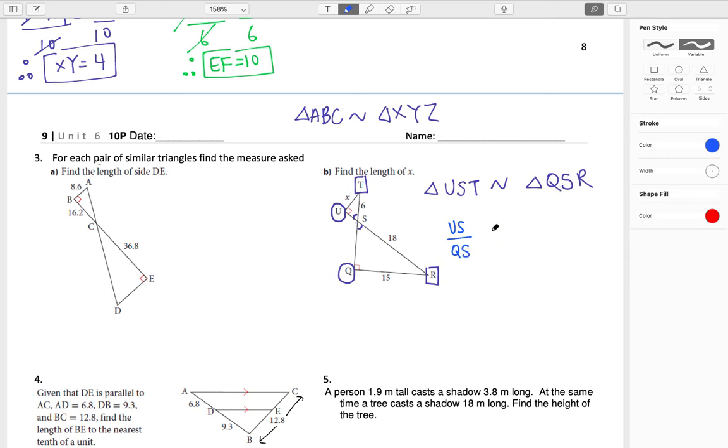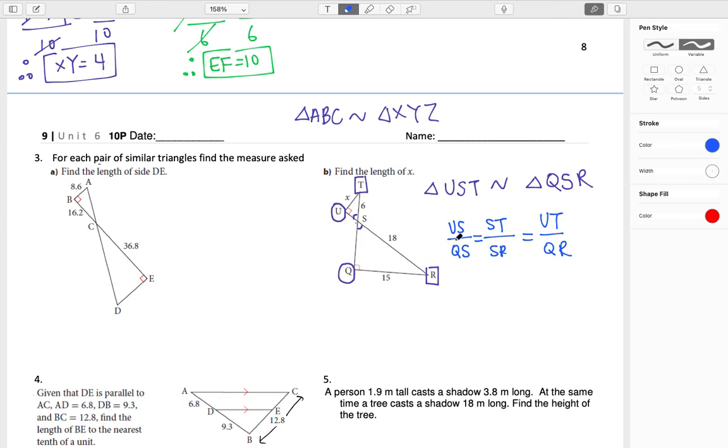Right? And then length ST is proportional to SR. And length UT is proportional to QR. Okay. Now, let's fill in the information.